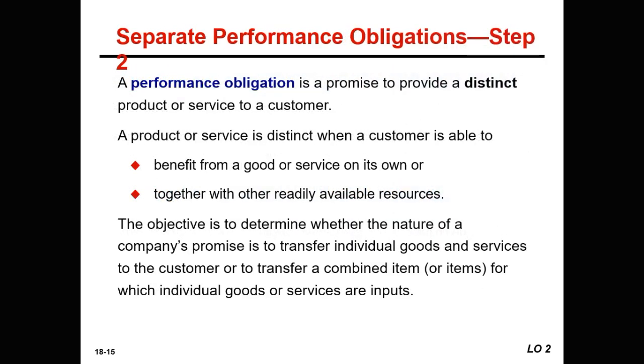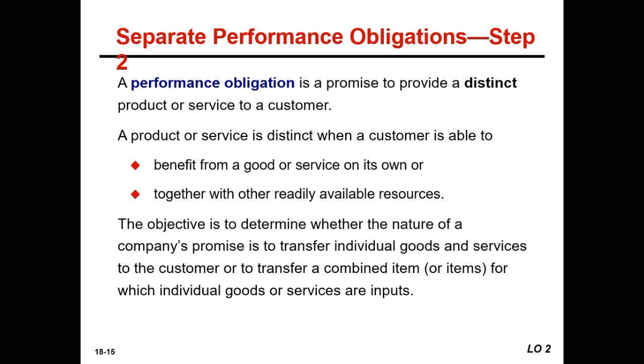Now the stickler is in identifying separate performance obligations. So a performance obligation is a promise to provide a distinct product or service to a customer. It's distinct when the customer is able to benefit from the good or service on its own or together with other readily available resources.